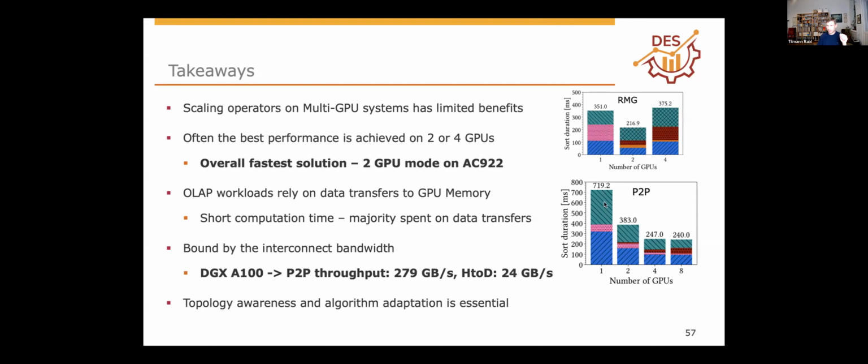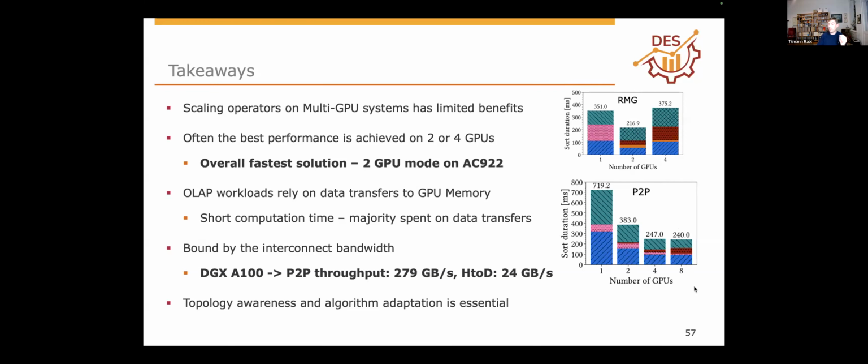But in the end, because we are bound here by the PCI Express interconnect, we're never going to be as fast as on this one. Even going for 8 GPUs, we see that it scales up to 8 GPUs because we have multiple PCI Express connections. But we're never as fast because in the end, we're always bound by these data transfers. So this is always what limits us.